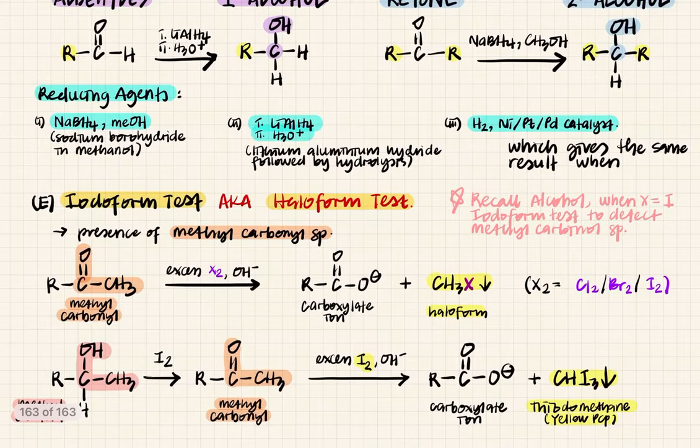And then finally we have the iodoform test. We have heard of the iodoform test in alcohols too, but in this one it is less specific. It is also called the haloform test, where you will form a haloform. This is to test the presence of a methyl carbonyl group.